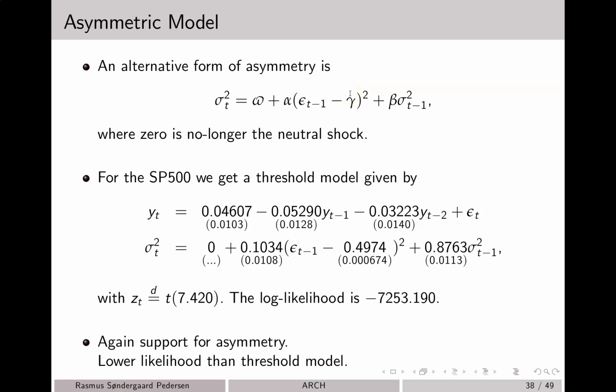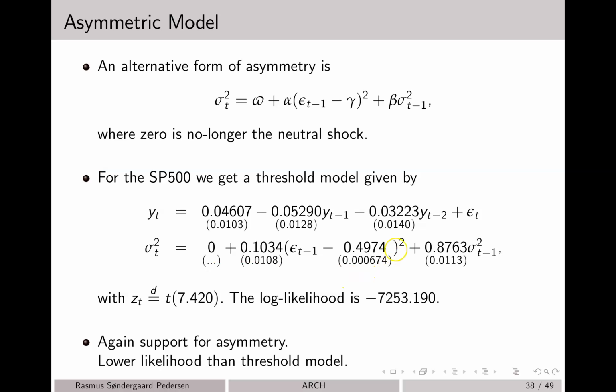The main motivation here is that a zero-valued shock is not neutral to the news impact curve. So in particular, it means that a shock that equals gamma, where gamma could be positive or negative, is the neutral shock. Again, we could estimate this with the PCGIF package, and we get the following estimation output.